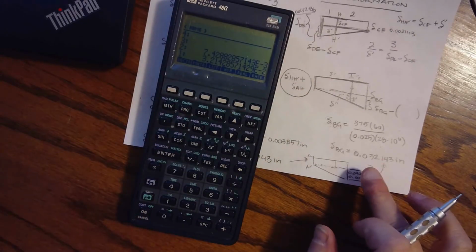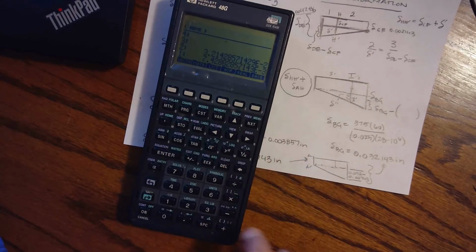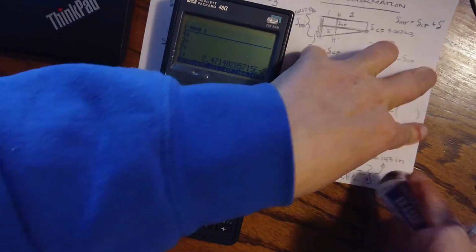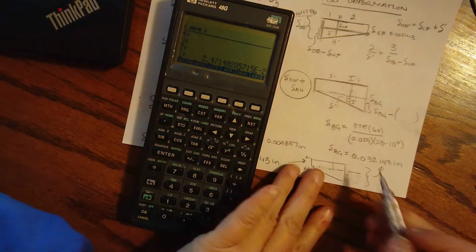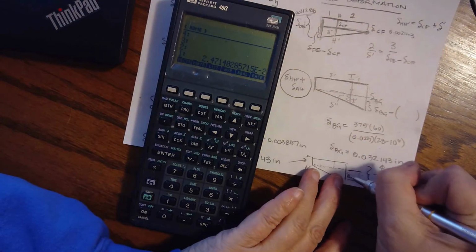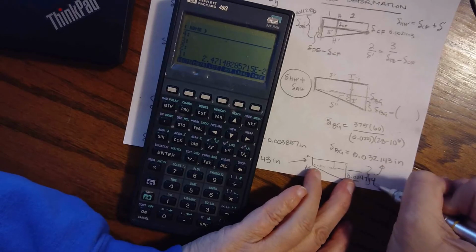So we have 0.032 minus, I'm going to swap these and subtract, and we're going to erase that now that we've gotten this sorted out. And this is 0.024714.